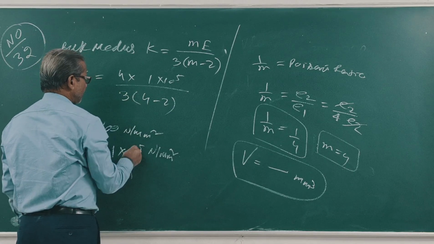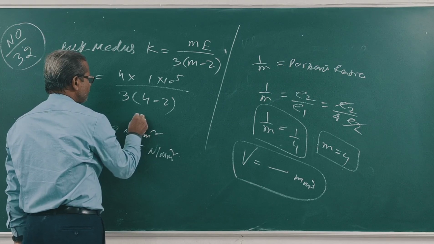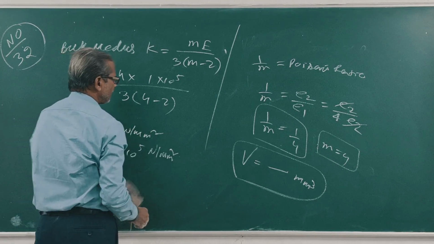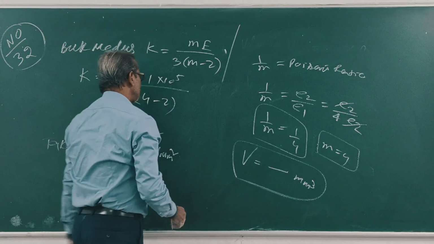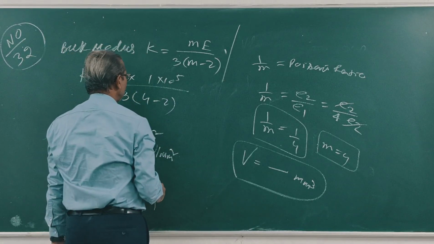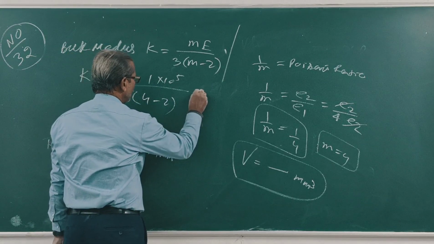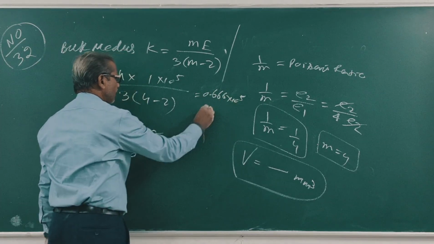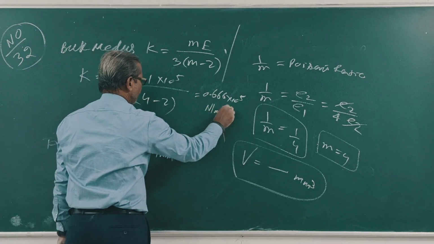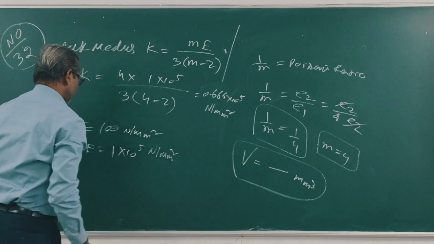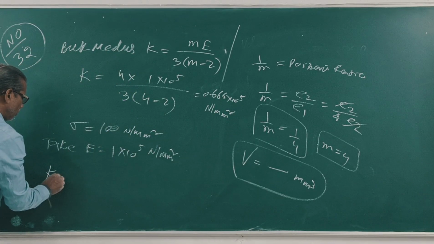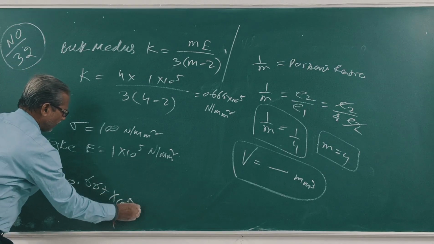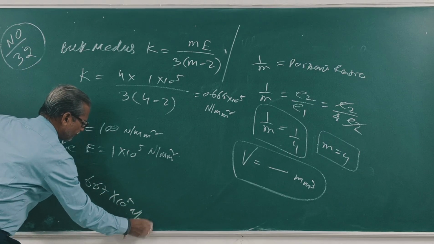K is 2 by 3 into 25, which is equal to 0.667 into 25 Newton per mm square. So K is equal to 0.667 into 25 Newton per mm square. This is bulk modulus K.